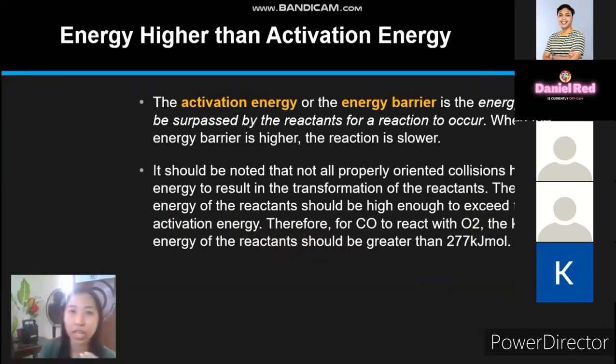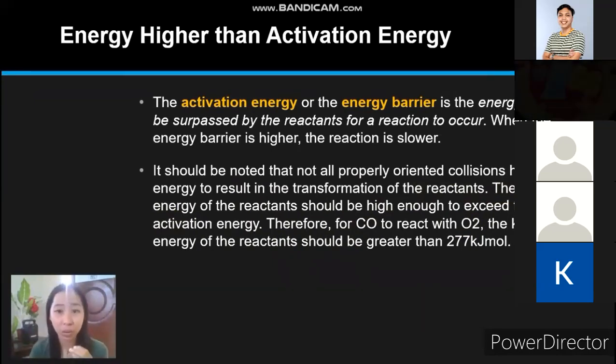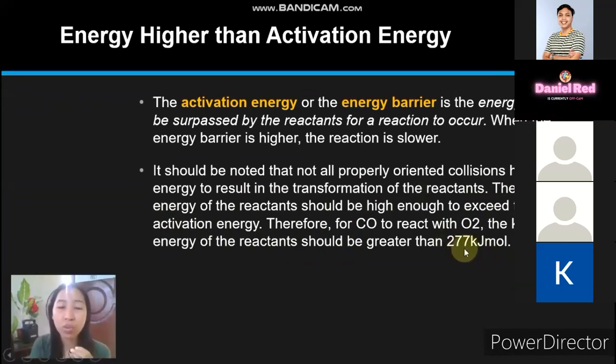Gi-mention ko kaganina, no? So, kung maskin ang orientation, for example, naka-align og tarong ang imuhang CO ug ang imong O2, no? Naka-align sila. Kaso, baba ang kinetic energy sa imuhang reaction. Dili gihapon ma-form si CO2 because you need to surpass no 277 kilojoules per mole nga activation energy.